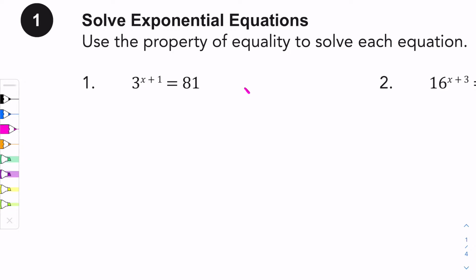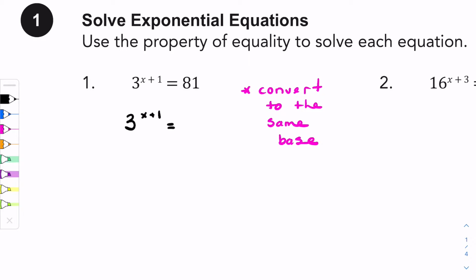We're going to start by converting to the same base. So here's where you need to be good at breaking down your exponents. 3 to the power of x plus 1 we cannot simplify, but we can simplify 81 to 3 to the power of 4.